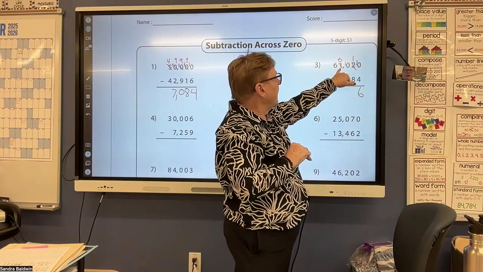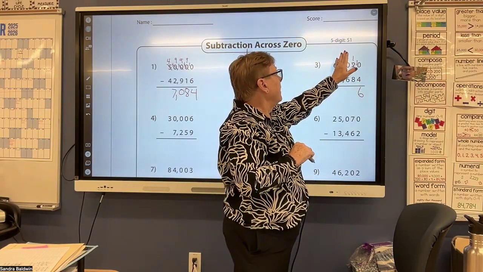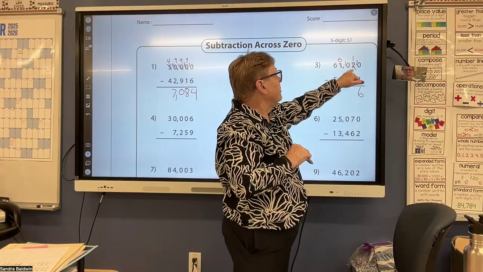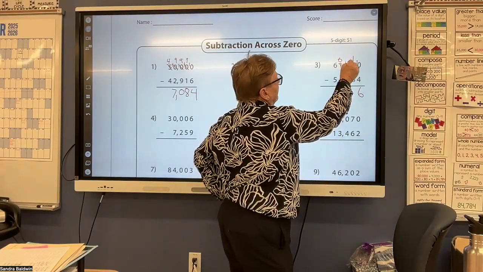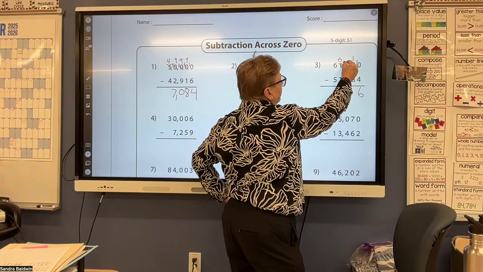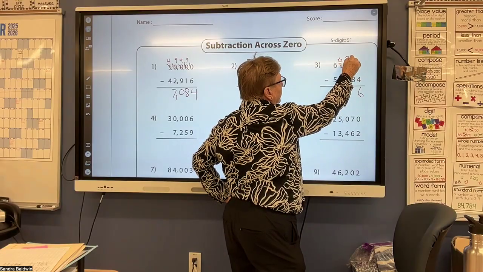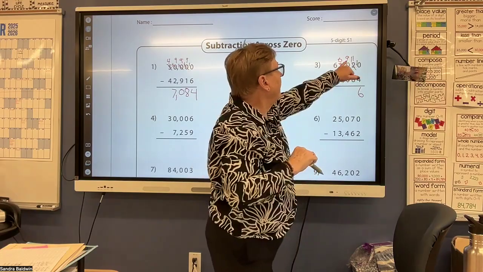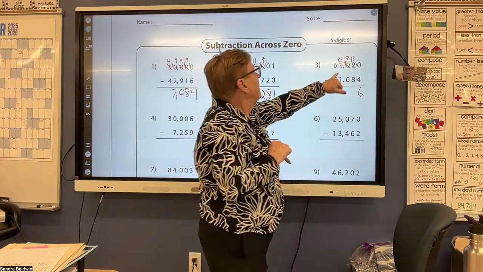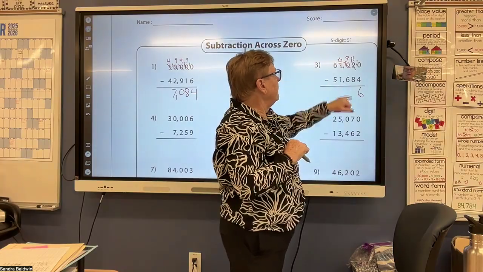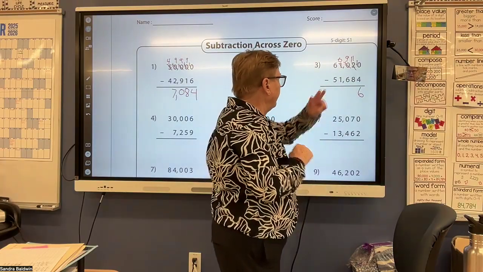I did have 1,000. Now I took that and made it 10 hundreds. I need to take one of the hundreds, which becomes 9, and put it over in the tens column. Now I have 11 tens. 11 minus 8, well, I have 8, 9, 10, 11.